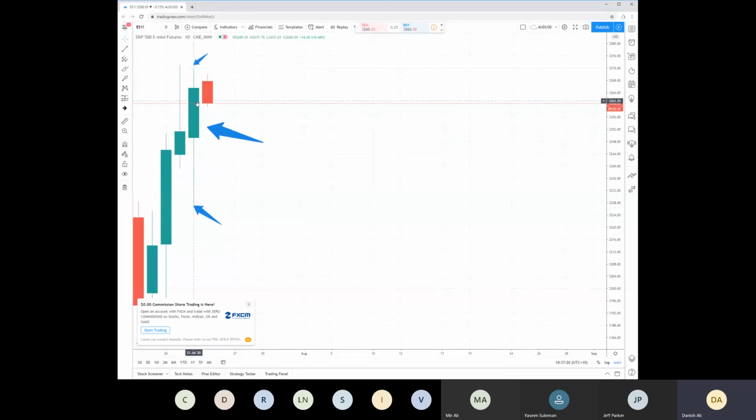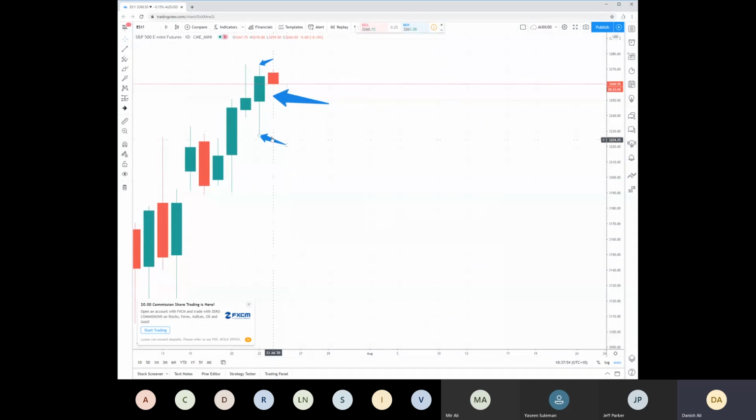On this candle, the opening is 3249.25, the closing is 3265.5, the high is 3271.75, and the low is 3227.25. So you know how much action was taking place during this day.